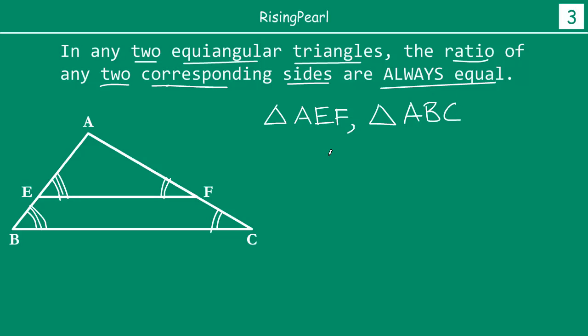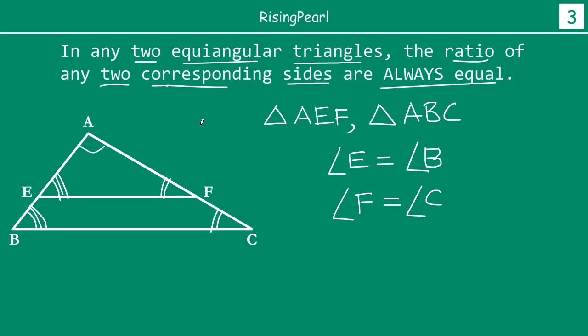In these two triangles, angle E is equal to angle B, and angle F, which is this angle, is equal to angle C. Now, angle A is common.